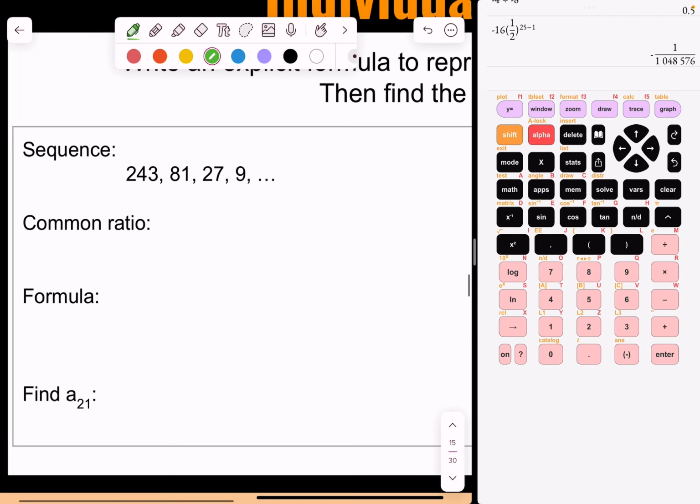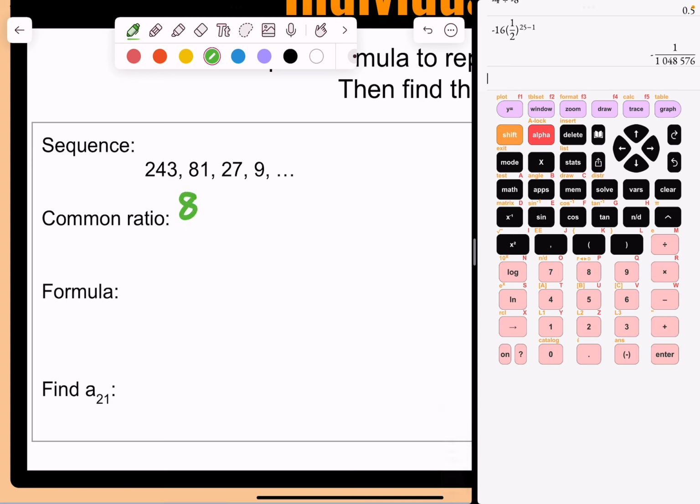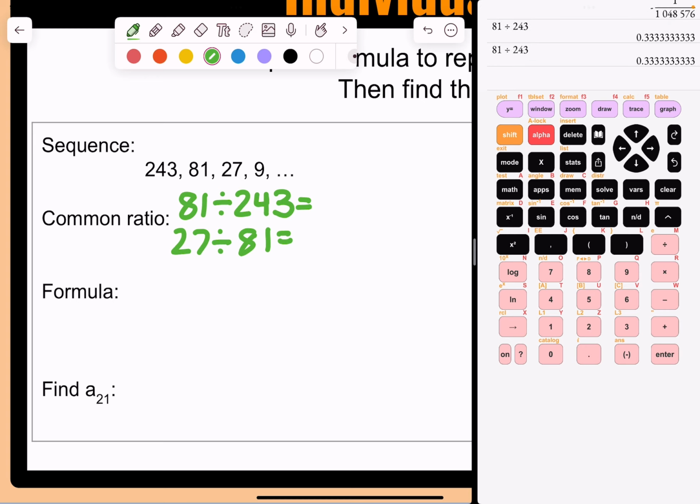All right, common ratio, we're going to do the second number divided by the first, and then the third number divided by the second one. Let's see, 81 divided by 243. And let's see, what's 27 divided by 81?